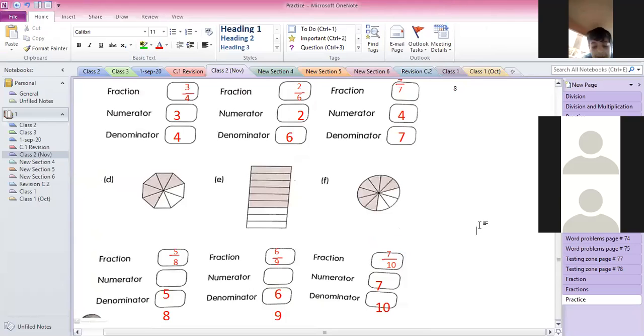In that way you can write. Okay. These are the answers, guys, how you have to write the denominator, numerator, and fraction.